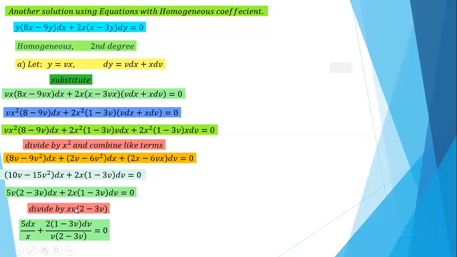Then here, x will be cancelled out. That's why we have 2 times the quantity of 1 minus 3v dv over v times 2 minus 3v. Then integrate.